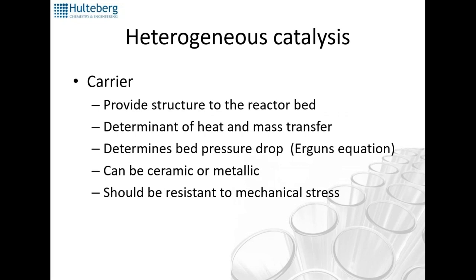It determines heat and mass transfer. It also gives us the bed pressure drop, so how much pressure is lost moving the gases through the reactor. The carrier can be either ceramic or metallic, and one important aspect is that it has to be resistant to mechanical stress.